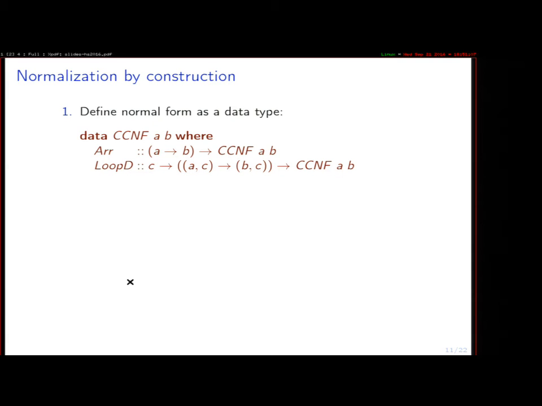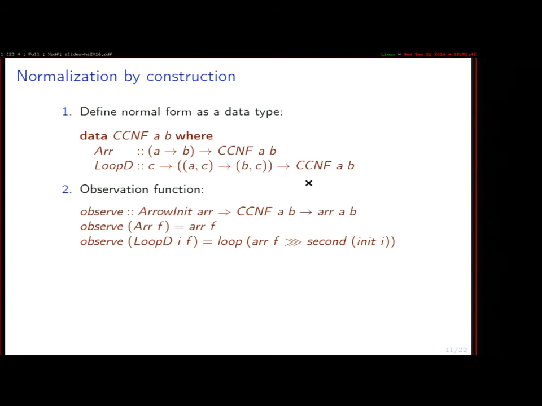in the program, and for this data type, we use GADT because this C is actually not escaping from the type definition. But GADT is not strictly necessary, and you can use existential types. So AR represents the pure function as a normal form, and LoopD represents the LoopD normal form as we saw just now. It has a state, it has the transition function, and that gives you the normal form.